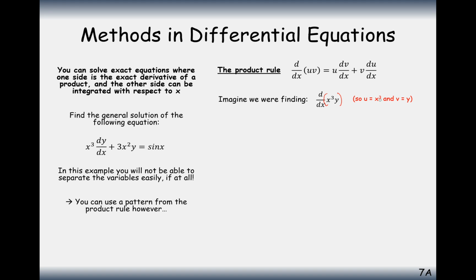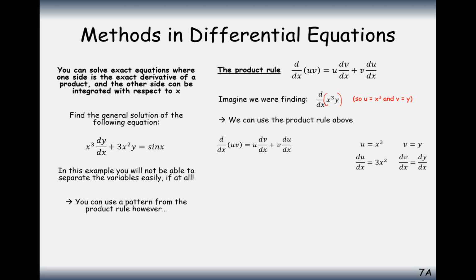We set u equal to x cubed and v equal to y. We differentiate x cubed to 3x squared, and then differentiate y, which with respect to x is dy by dx. So using the product rule and implicit differentiation, we get exactly the expression we've got on the left-hand side.